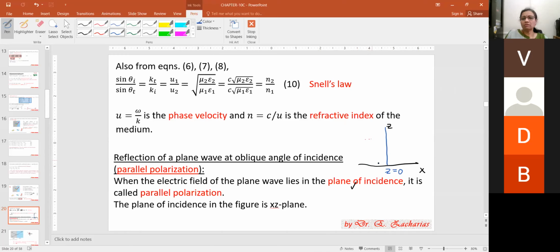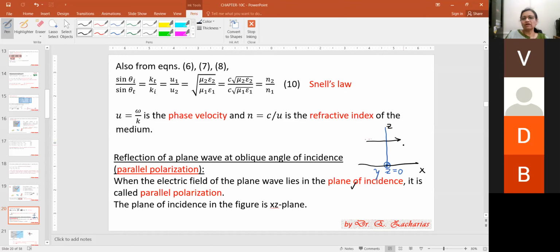This becomes, I'll put a dot here to show my y-axis. Clear? X, Y, Z I have defined. Now let me just draw a normal.